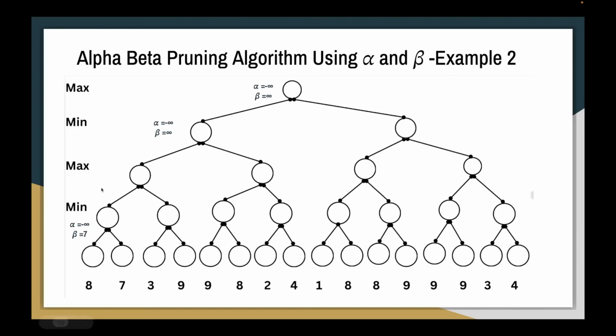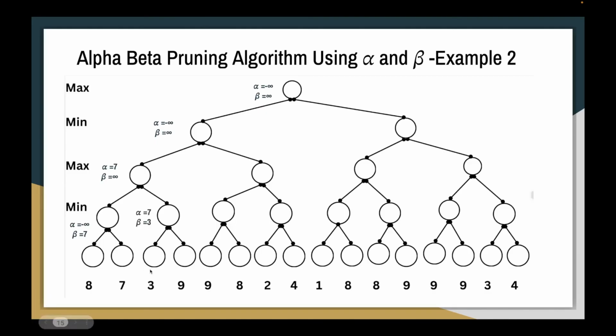The maximizer will change only the alpha value. So alpha has been changed to the maximum of these two values, that is 7. The same value will be passed to the next node. Alpha is equal to 7, beta is equal to infinity.